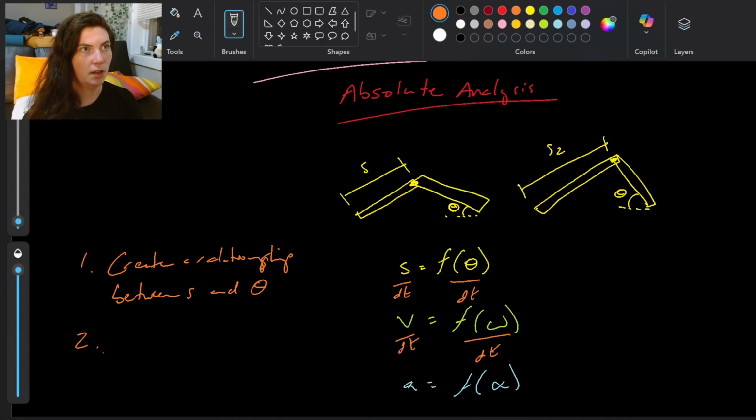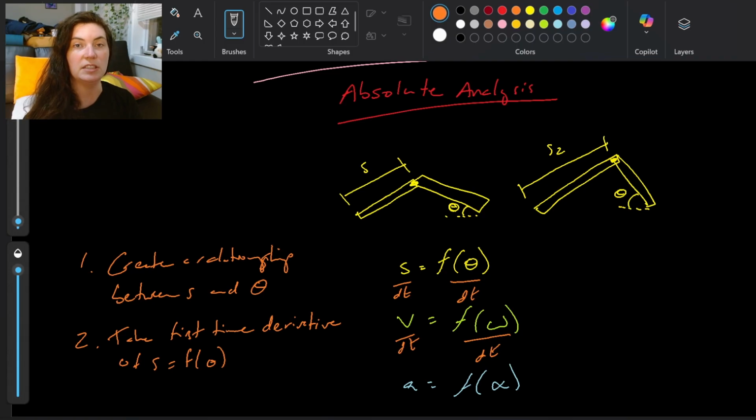And then we're going to take the first time derivative, d/dt, of that function to get a relationship between v and omega, to find velocity and angular velocity.